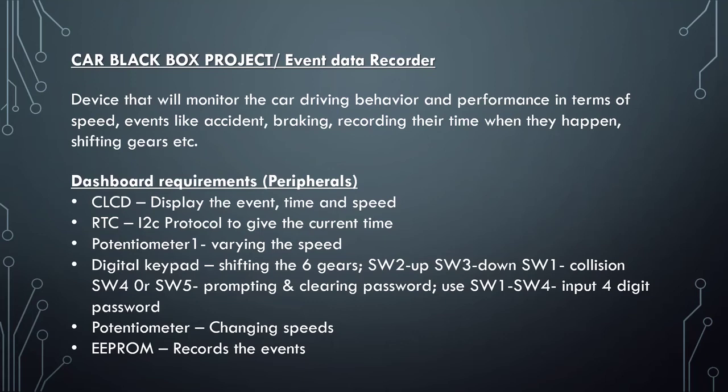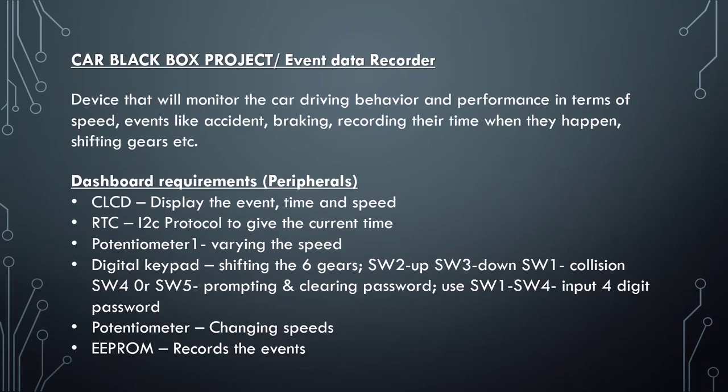This is usually a device that monitors the car's driving behavior and performance in terms of speed, events like accidents, braking, recording the time when they happen, shifting gears, and so on. Having undergone the entire training of using the RTC, understanding how to design with the microcontroller, how to interface the LCD, how to regulate the potentiometers, and many other peripherals, we could design our own car black box project. We designed it, and we are going to share it right after this.